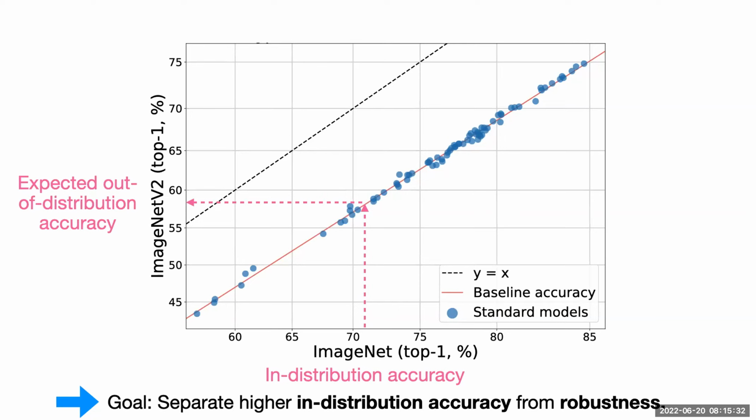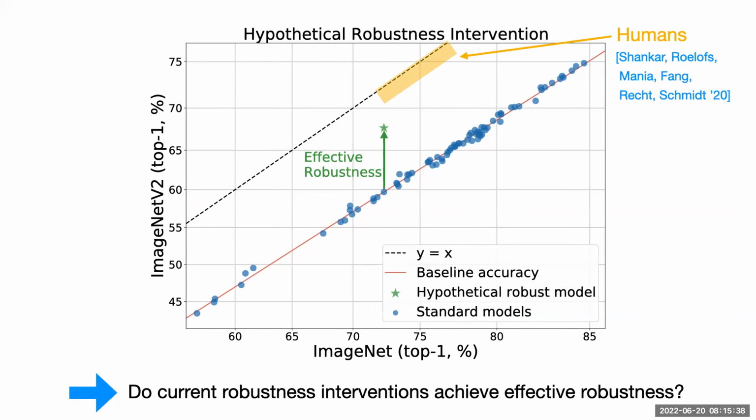This allows us to separate in-distribution accuracy from robustness. So the goal overall is that if a model is truly more robust under distribution shift, it should behave like the green star here. It should be above the red baseline given by the standard ImageNet-trained models. We call this vertical shift above the red baseline effective robustness.